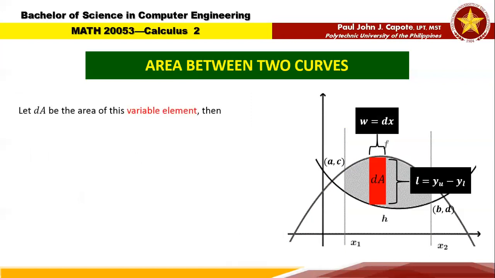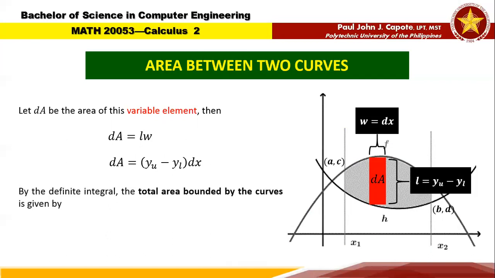Let dA be the area of this variable element. Then dA is equal to the product of the measures of the length and width. In this case, the measure of the length is y sub u minus y sub l, or the upper y ordinate minus the lower y ordinate, and width is equal to dx.